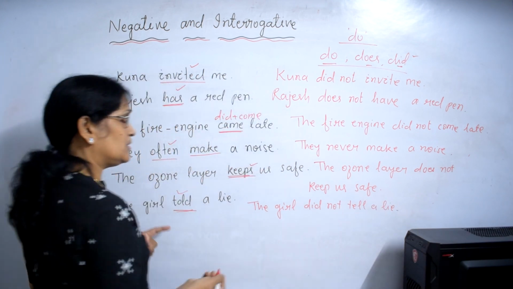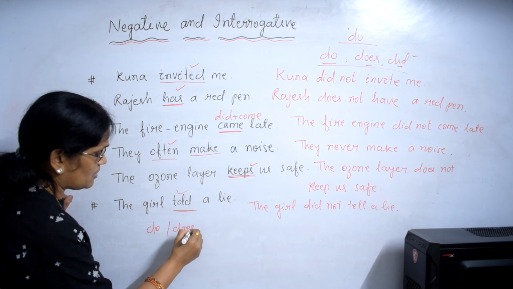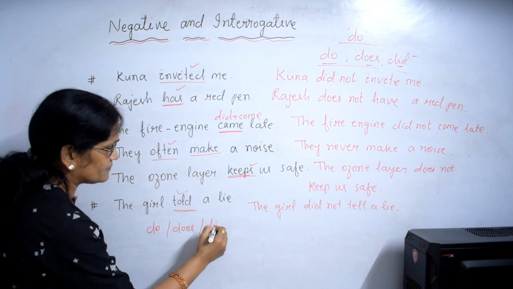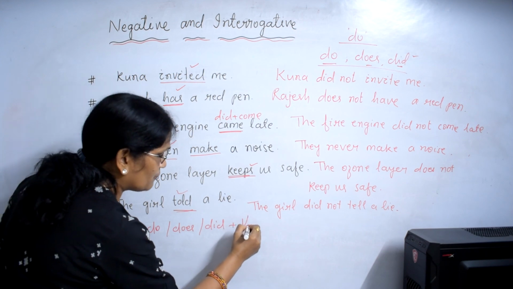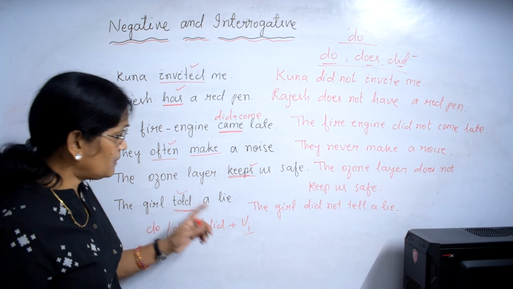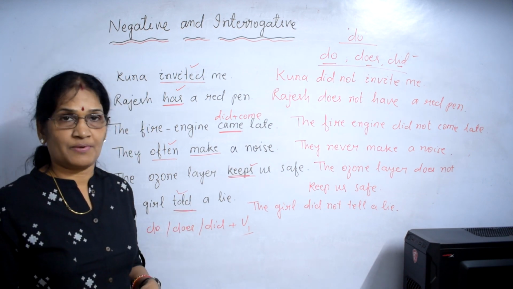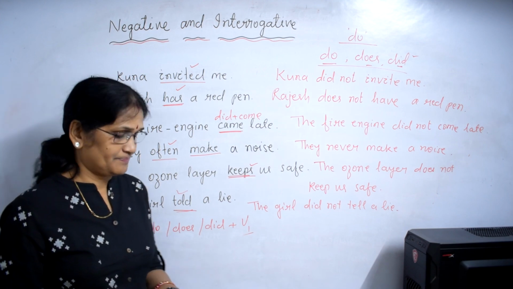When you are writing do, does or did, we have to write V1, not any other form. V1 means without s or es and also without past form. We have to write that.